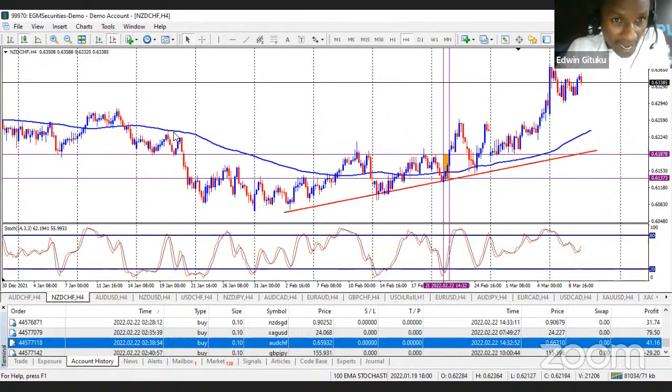Having the 100 EMA on the chart as well, you'd notice that when price came close to the 100 EMA, our setup was enhanced by the fact that we had already drawn an ascending trend line, so you could tell that this zone is a support zone.